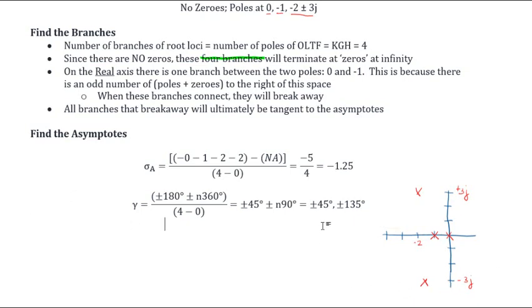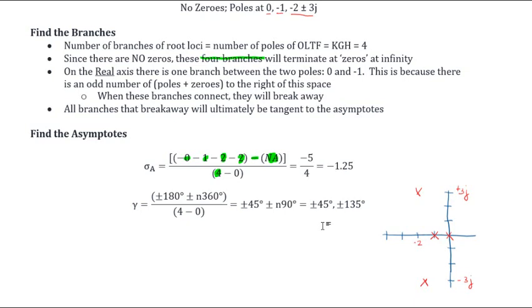You can see that we are showing the poles minus the zeros, so we've got a pole at 0, a pole at -1. Now we've got two imaginary poles, but we take the real parts of those poles, so we don't have to worry about the plus or minus 3j, but there are two poles, so -2 and -2. And then minus any zeros, which is not applicable because there are no zeros.